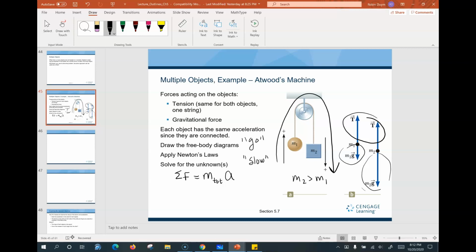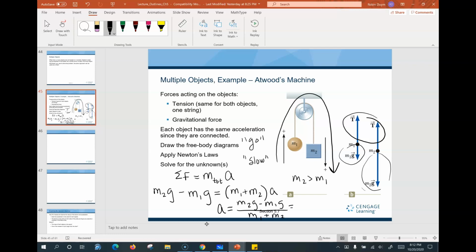So when we add that, we can just say m2g is going to make it go, and then m1g is actually going to have it slow some. And then the total mass is just going to be m1 plus m2 times the acceleration of the system. The acceleration of the system, then, just do your algebra: m2g minus m1g, all over the total mass, m1 plus m2.